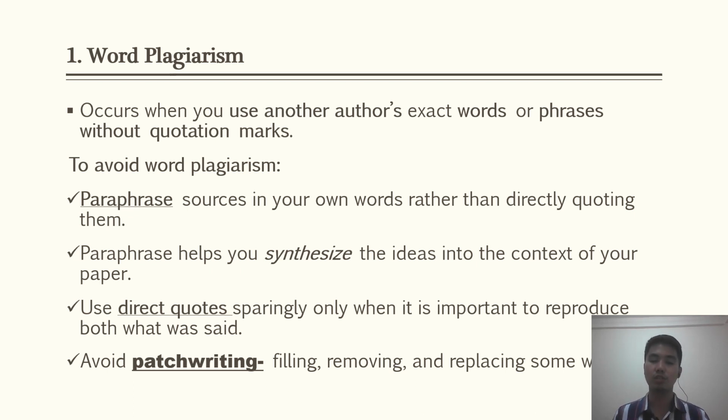When you say paraphrase, you read the entire text, you read the quote that you want to write in your paper, and you interpret it, analyze it, contextualize it, and write it in your own words. So paraphrasing helps you synthesize the ideas into the context of your paper.